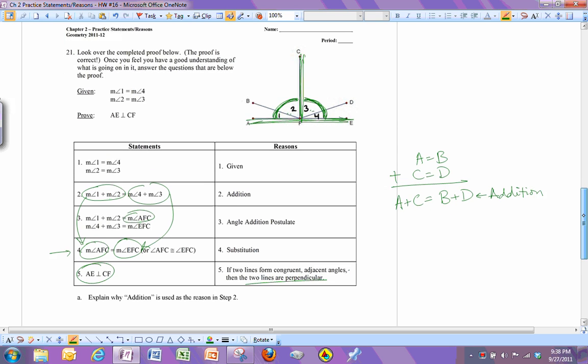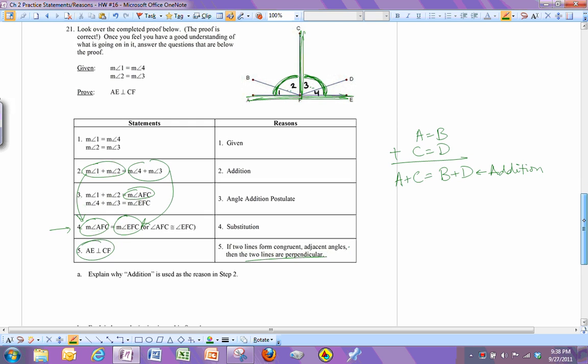Alright, so now let's answer our questions. Why is addition used as the reason in step 2? Well, really what we're doing is we're taking the two equations in step 1 and combining them to get step 2. So we're just adding straight down.